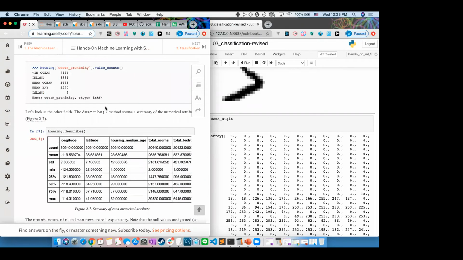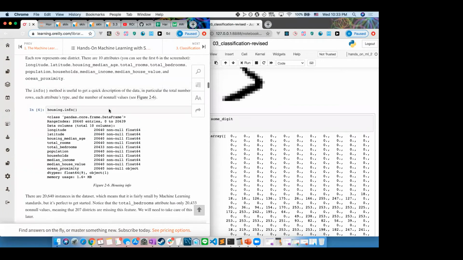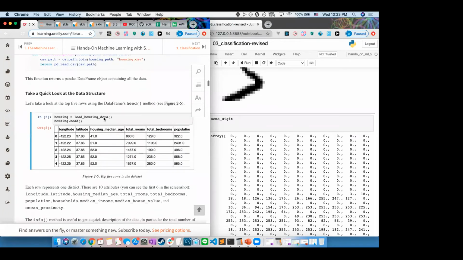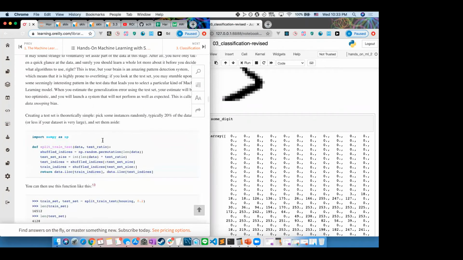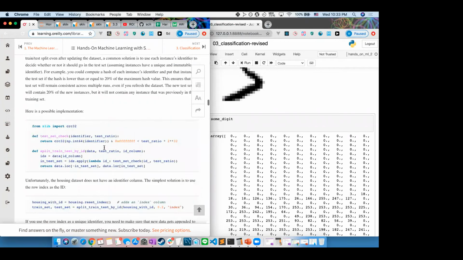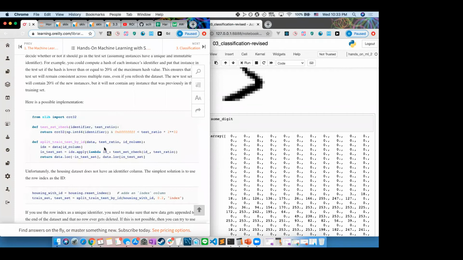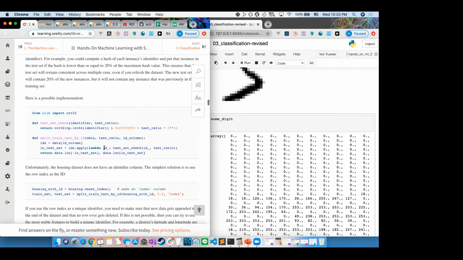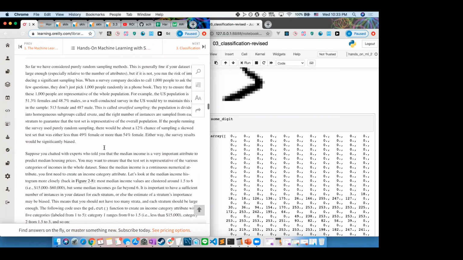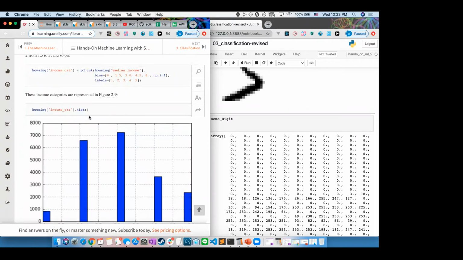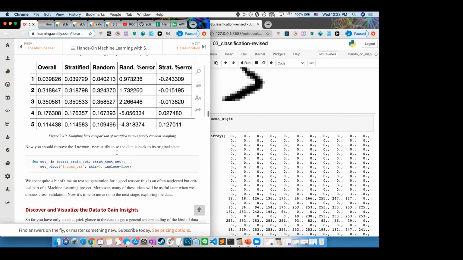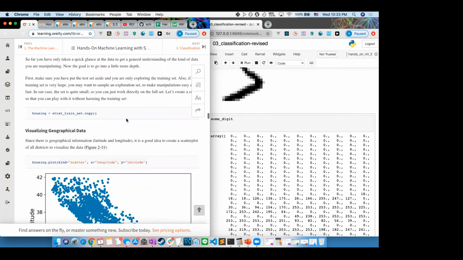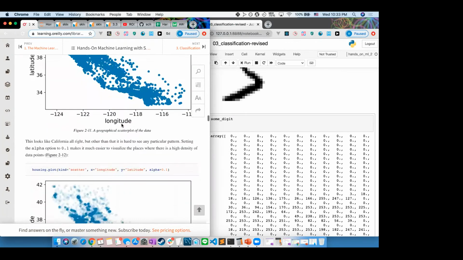He did some describe, value counts, info, but only after he split the train test data sets, then he started doing real EDA, like cutting the data, doing more histograms, stratifying, and also visualizing.